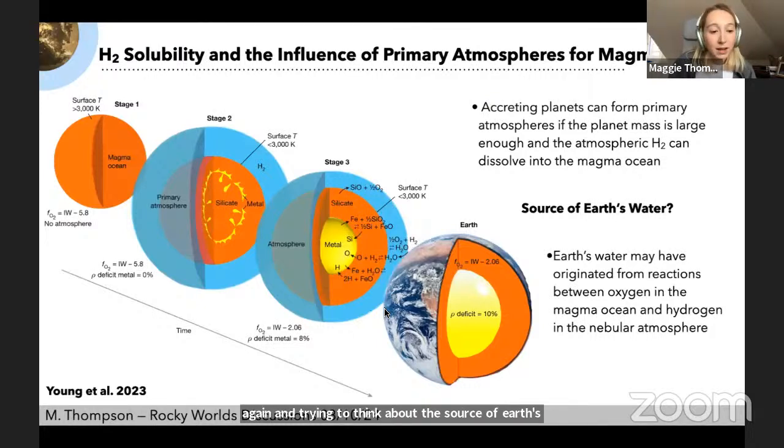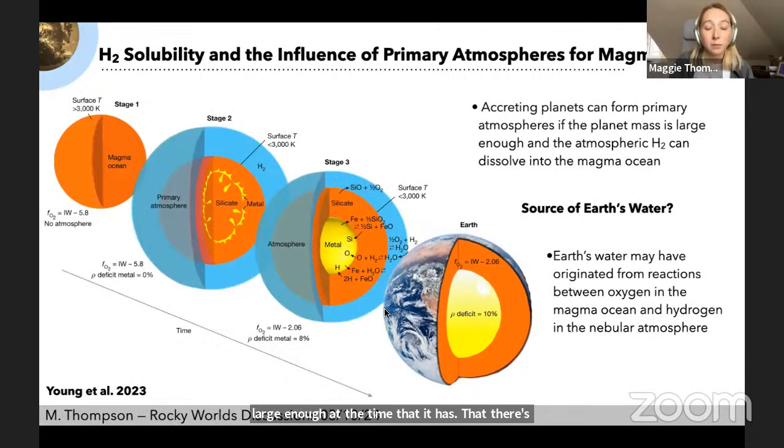In a recent paper by Ed Young and others last year, they thought about a scenario in which Earth could have acquired all of its water from ingassing of a nebular atmosphere. Again, this requires that the planet mass be large enough at the time that there's still nebular gas in the protoplanetary disk, but that you could dissolve this hydrogen into a magma ocean.